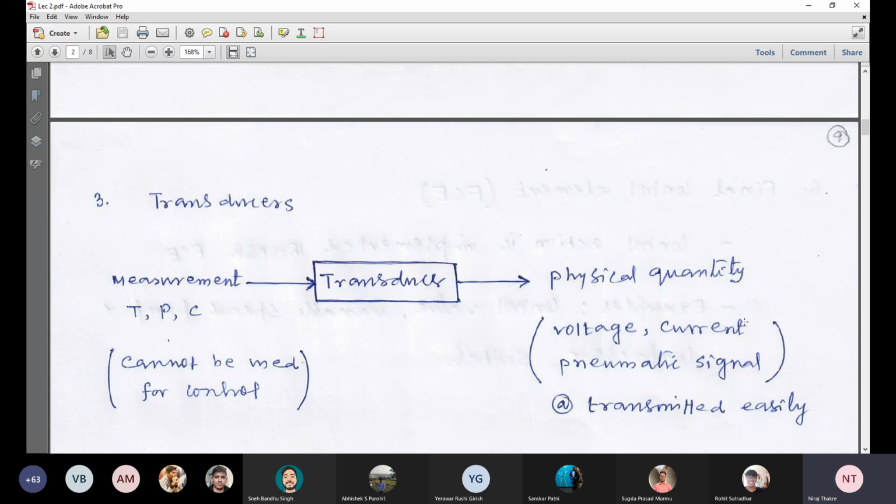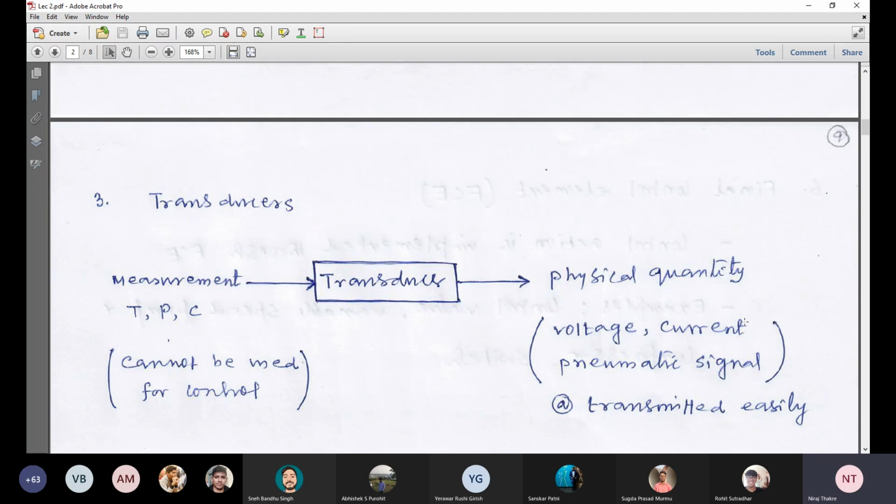Now for this conversion, we use an instrument that is called a transducer. In fact, nowadays, with the measuring sensor, this transducer is integrated. So you cannot see them separately. That's why, if you recall, I have shown CT, composition transmitter.